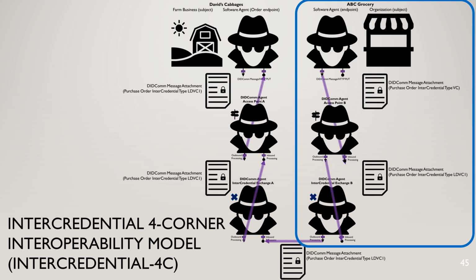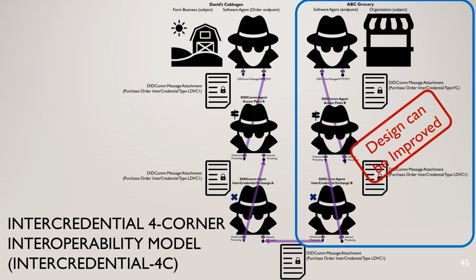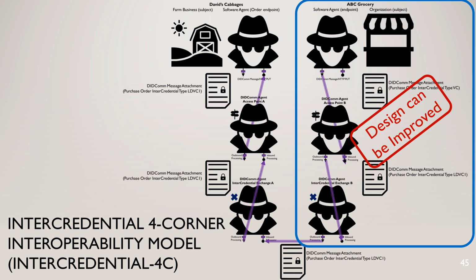From a DIDComm messaging perspective, particularly the signing and re-signing of the verifiable credential after it's been transformed, and then the signing and re-signing of the message to which it's attached, it becomes a little bit cumbersome, just to leave it at that. So we can improve on this design. And the way that we improve on it is using something called DIDComm agent logical composition.